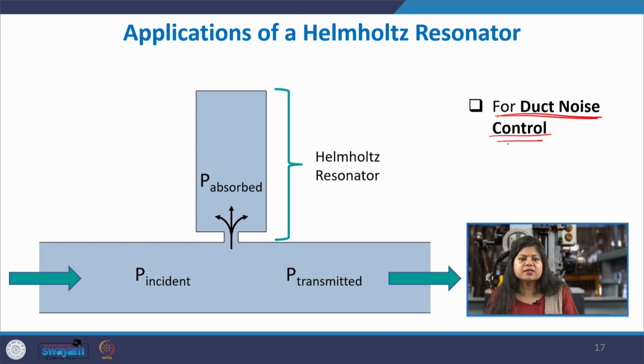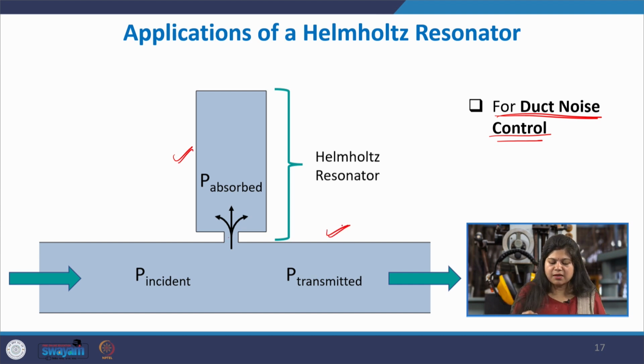Ducts and piping systems in various industrial machineries, they carry various kinds of fluids at various temperatures. So, first of all, there is the noise due to the flow of the fluid itself, then there is noise due to the vibrations of the pipes. So, these ducts and pipes, they are a major noise source in various kinds of machineries, and what you can do is usually the Helmholtz resonators are built as a sideway in the duct system.